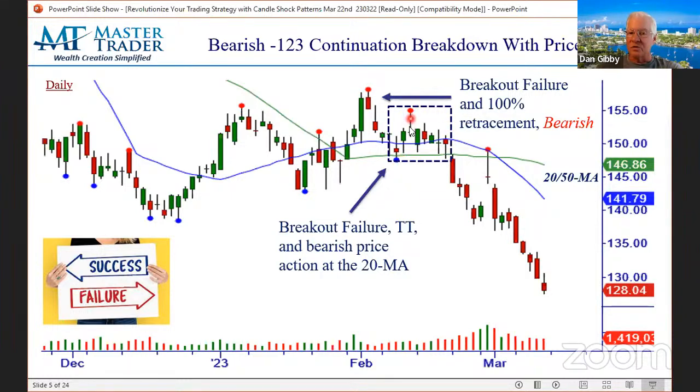Now, Greg, I've learned this from you over the years too. You use that term, the tell, from playing poker. It's like, I got you. And we'll be highlighting those today. So at the high of this bar, it was a big fat green bar, and it closed with a topping tail. Is that a got-you where I want to short it?